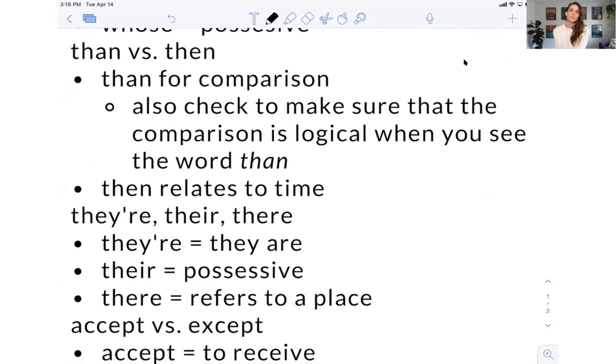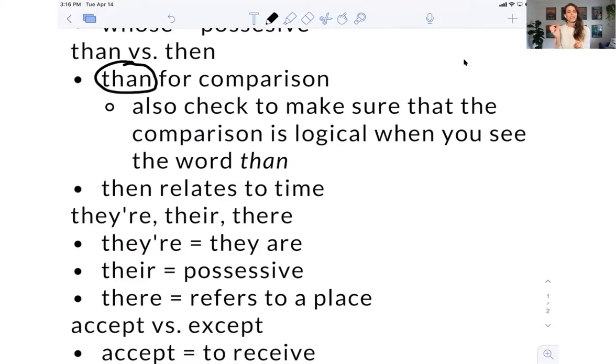Then versus than. So than we're going to be using to compare two things. And you want to be very, very careful with SAT questions that contain the word than, because a long time ago, they used to just check if you could tell the difference between then and than. But now they want to get more bang for their buck for each of these questions. So when they test you on then versus than, they generally are also testing to see if you know how to compare like things.